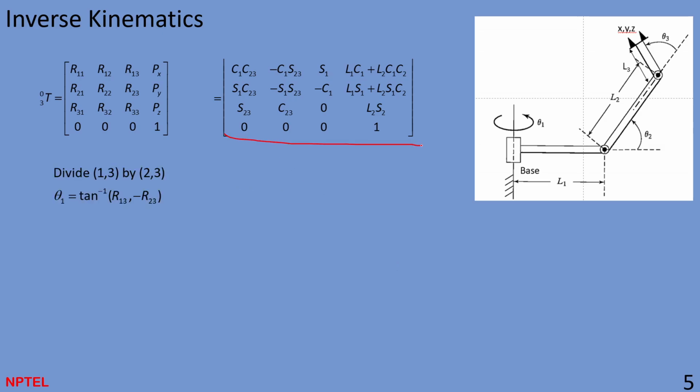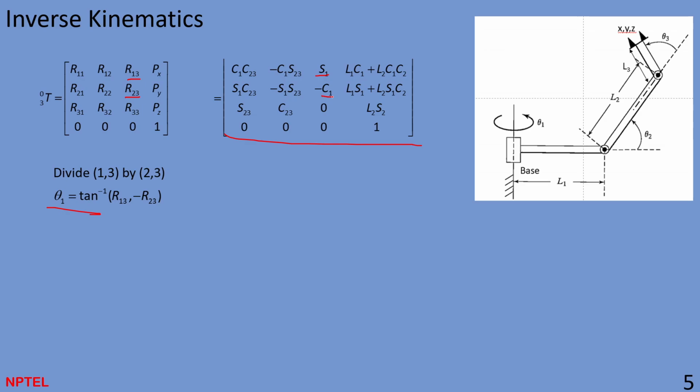First, in order to get theta 1, they divided element 1,3 by 2,3. What is 1,3? This is row 1, third column, and this is row 2, third column. You divide these and get something like a tan inverse, right?